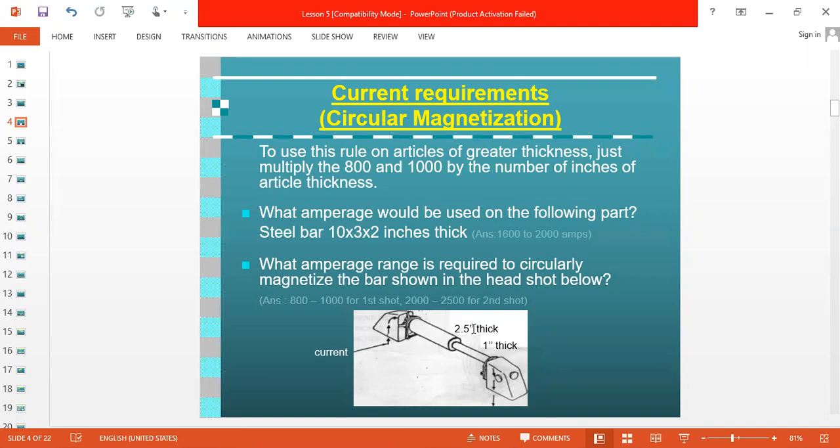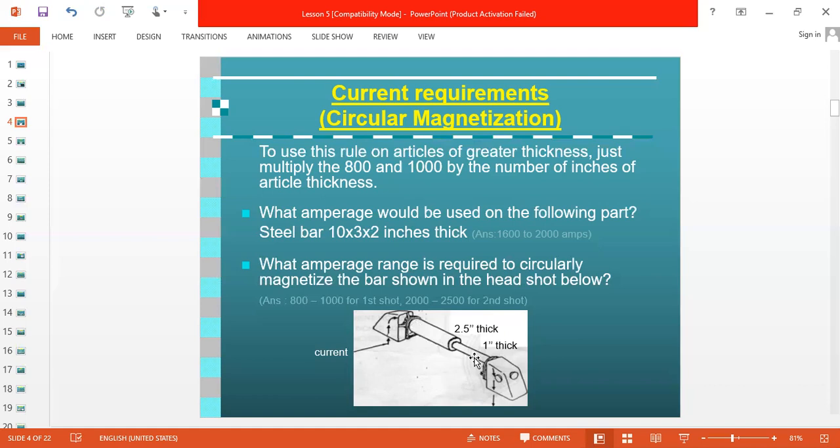Once inspection is completed for the 1 inch, we apply the current for the 2.5 inch, meaning higher current, and we inspect only the bigger area. Because if you give higher current and look at the small area, there are chances of non-relevant indications.